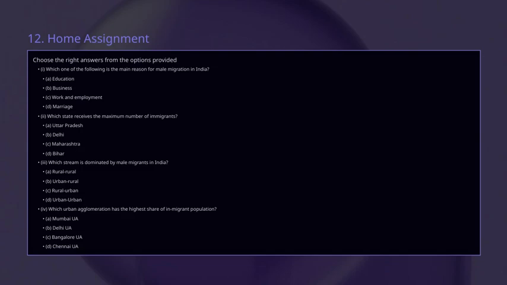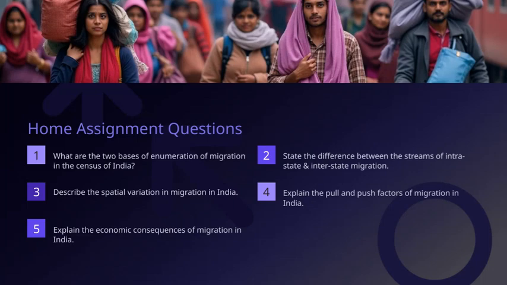Connecting this to the overall theme, migration patterns are shaped by economic opportunities, employment prospects, and social factors like marriage. Understanding these flows helps us grasp how India's urban landscape continues to evolve and how different states and streams contribute to this dynamic process. Let's wrap up with a quick overview of the key concepts.